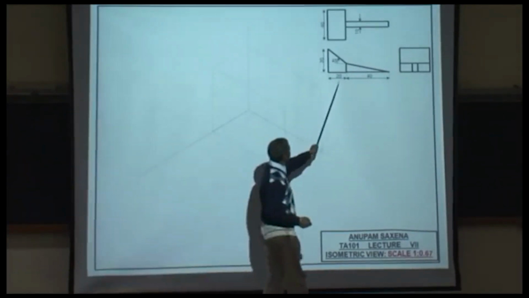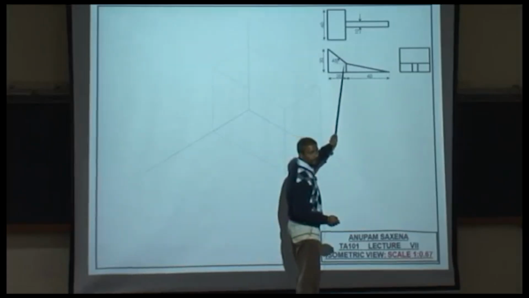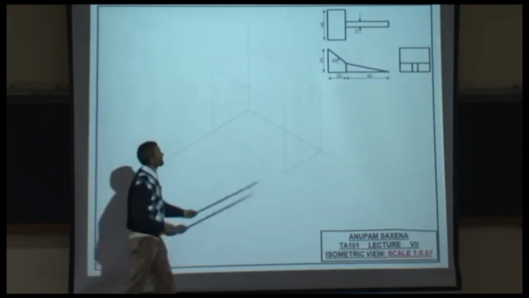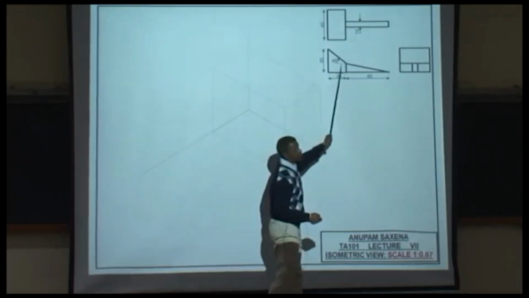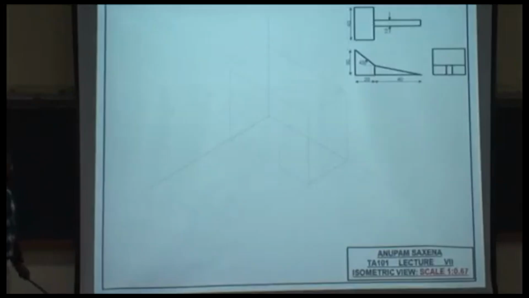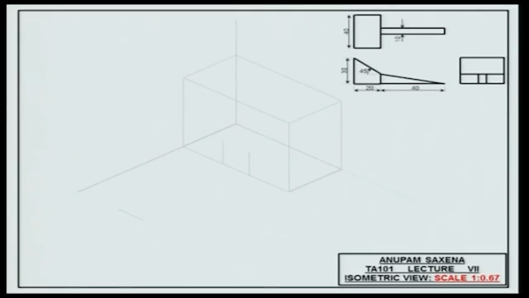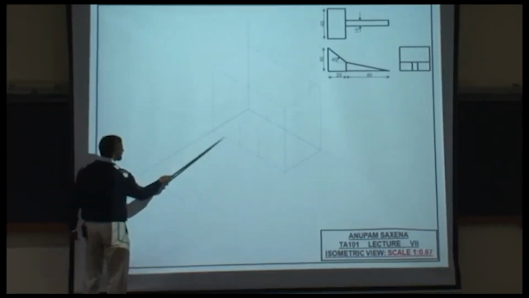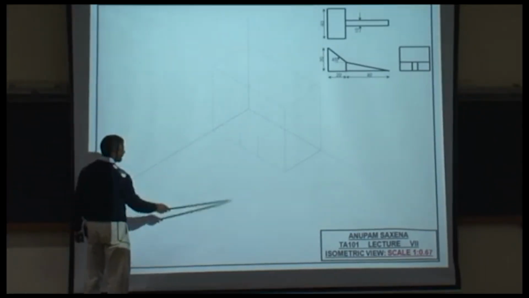Now let's focus on this part here. So this face of the rib is coinciding with this plane. Okay? What is this length? 10? What is this distance? 15?